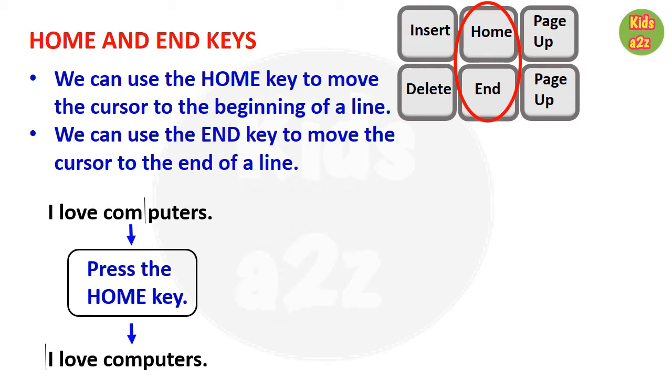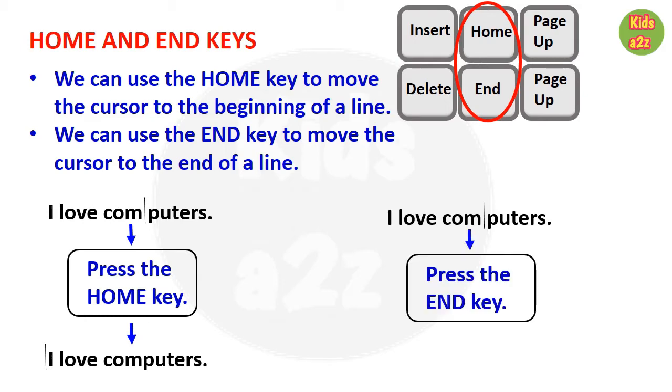Here, we can see the cursor at the beginning of the sentence and we use the end key to move the cursor to the end of a line. Like, for the same sentence, I love computers, we can see the cursor is between letter M and P. Now, if we press the end key, then the cursor will move to the end of the line.